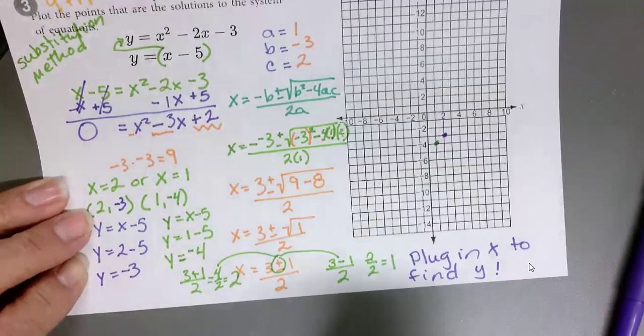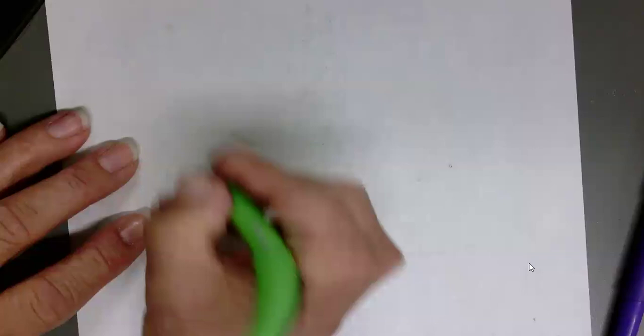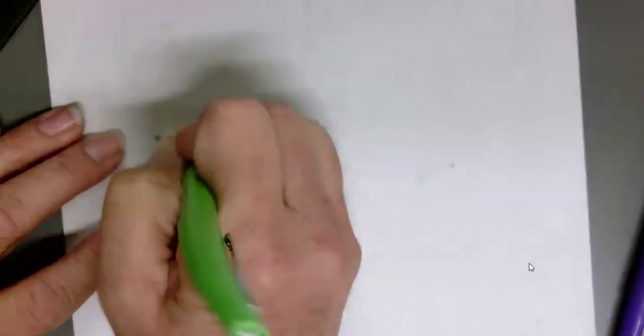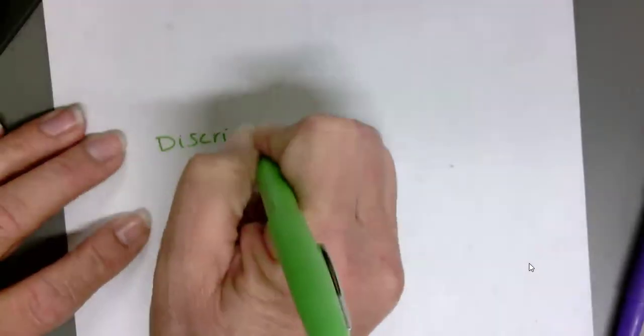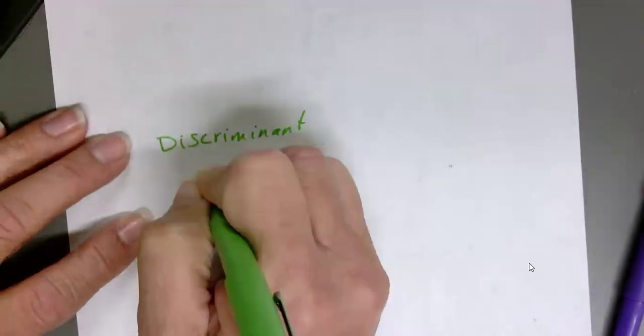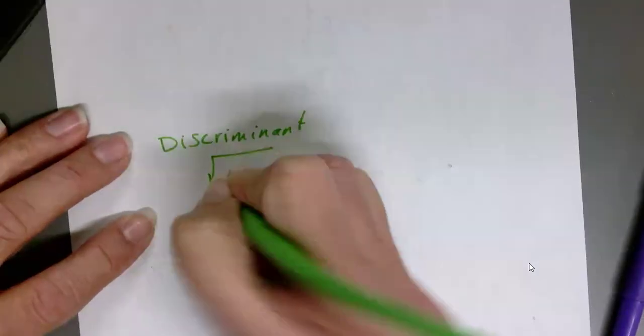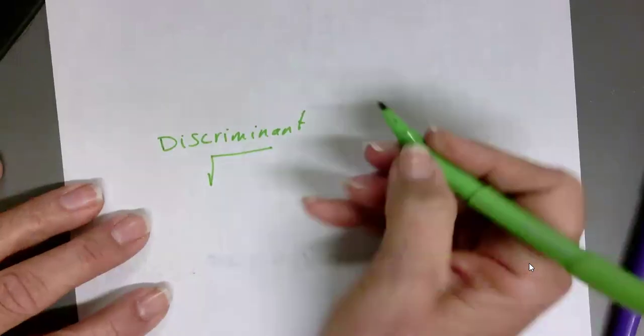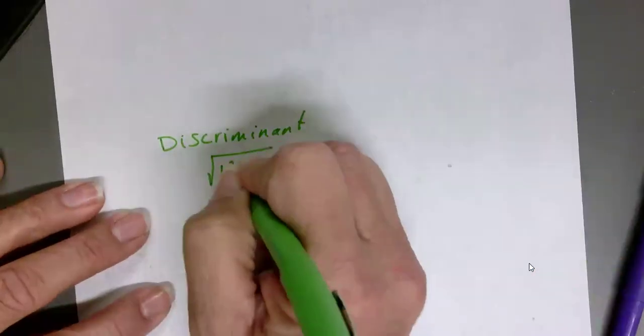Okay? And since I said the word discriminant, let's just talk about that real fast. The discriminant is just that part that goes under the square root sign. So it is the b squared minus 4ac.